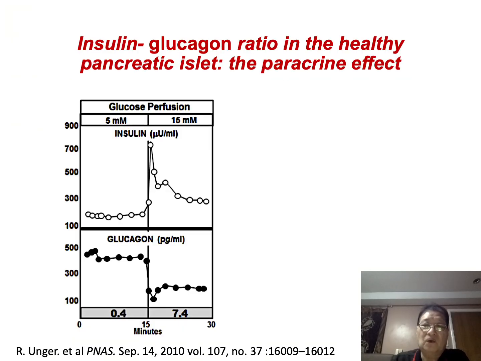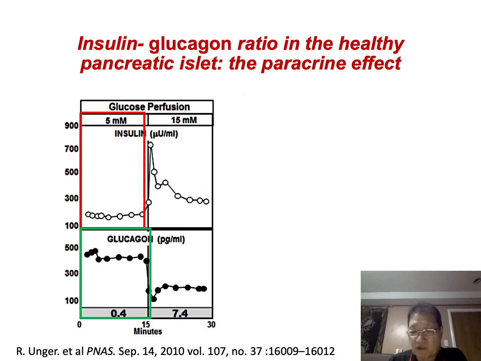Now, here we look at the important paracrine effect in healthy pancreas in the islet isolate. When perfused with 5 millimolar of glucose, the beta cell secretes a low level of insulin. This level does not suppress alpha cells.